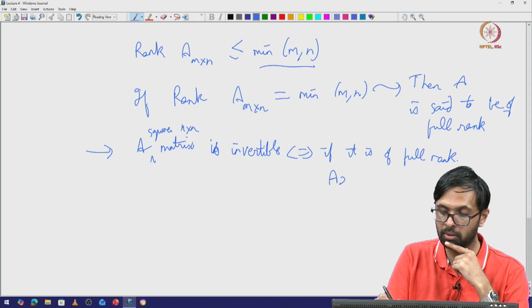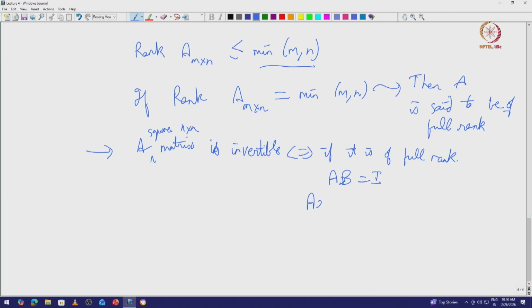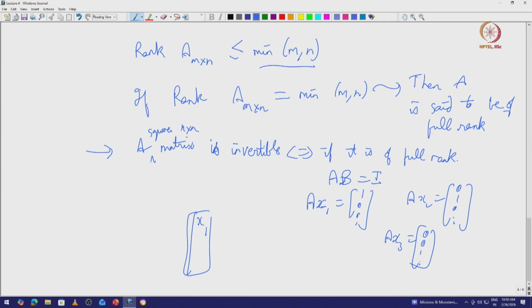What does invertible mean? There exists another matrix B so that AB is the identity. In other words, you must be able to solve this system of equations. And if you can solve this system of equations and you put the solutions together as a matrix of columns, that will be your desired B.